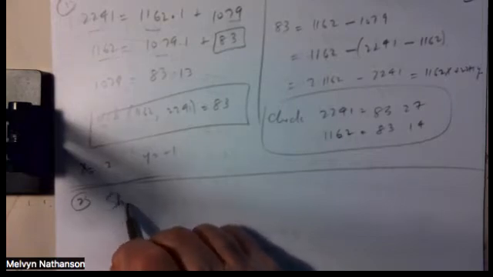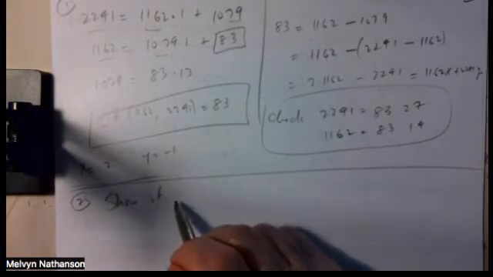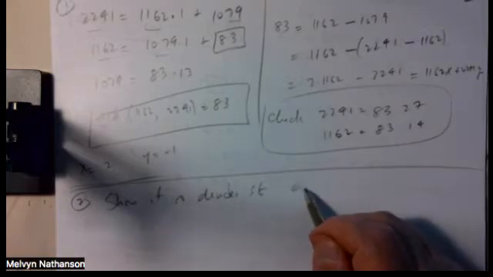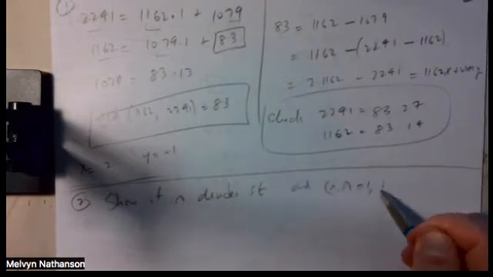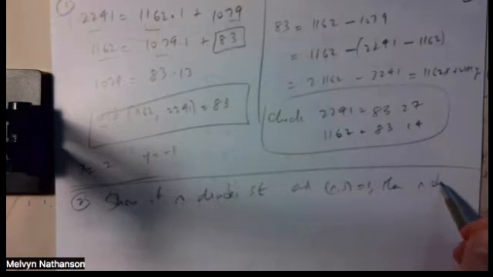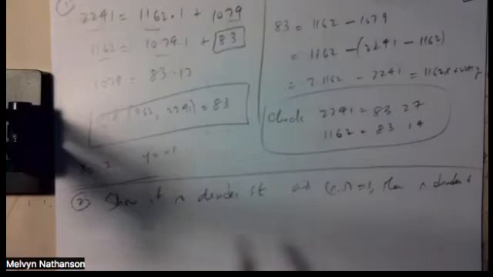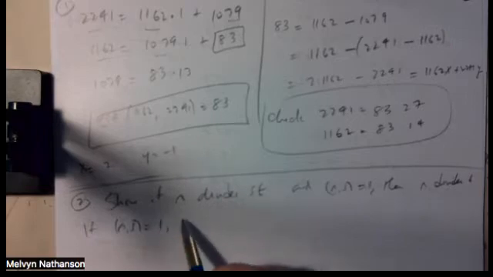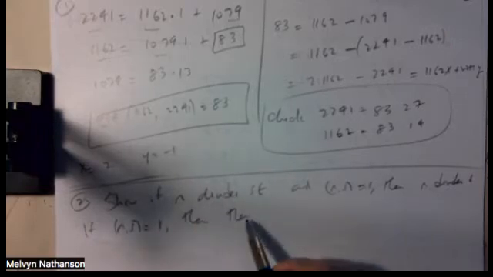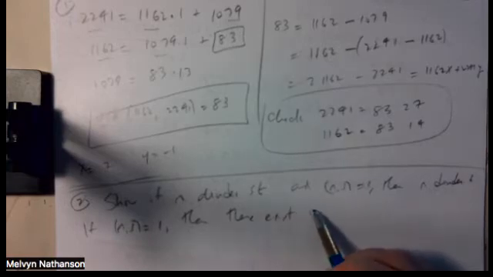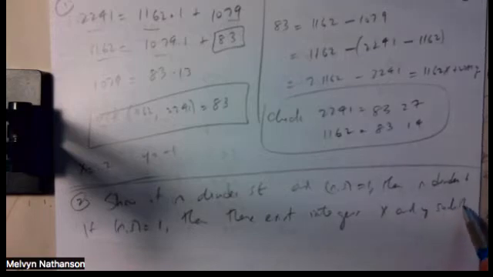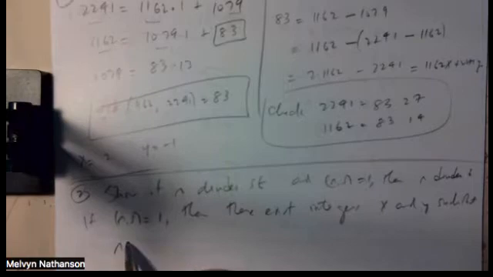We want to show that if R divides ST and R and S are relatively prime, then R divides T. So if R and S have greatest common divisor 1, then you can say there exist integers x and y such that Rx plus Sy equals 1.